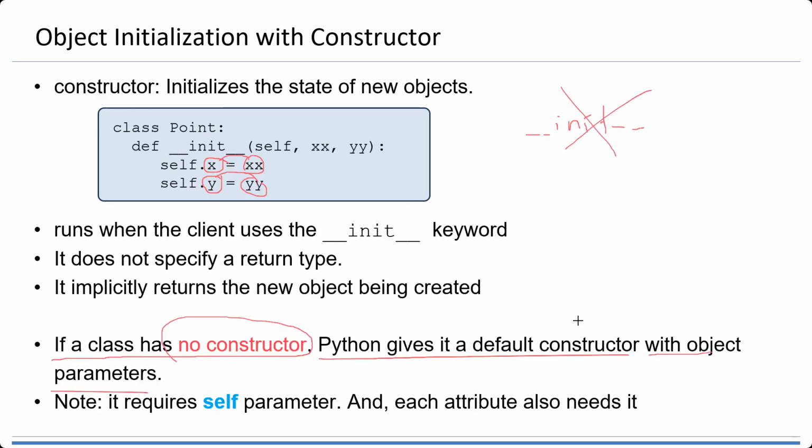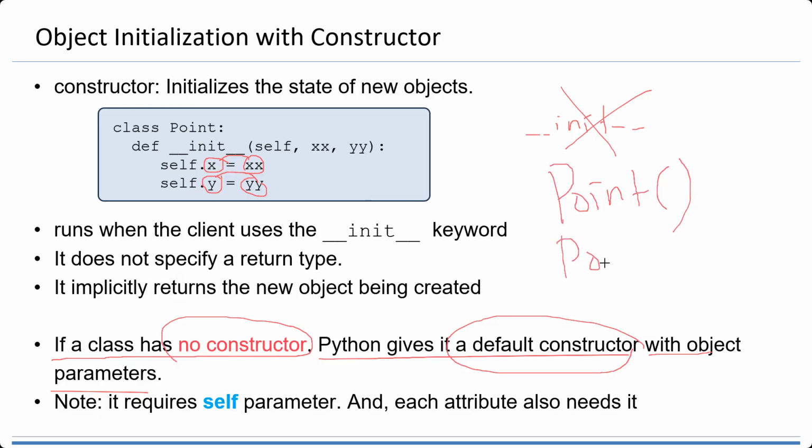So what is the default constructor? If there is no value that you input, let's say you have the point, it means this is the default constructor, nothing.